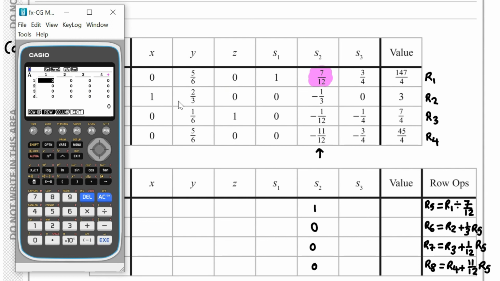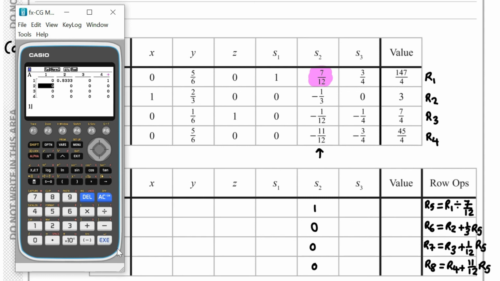So now we need to type in the entries as we see. So here we've got 0, 5 over 6, 0, 1, 7 over 12, 3 over 4, and 147 over 4.